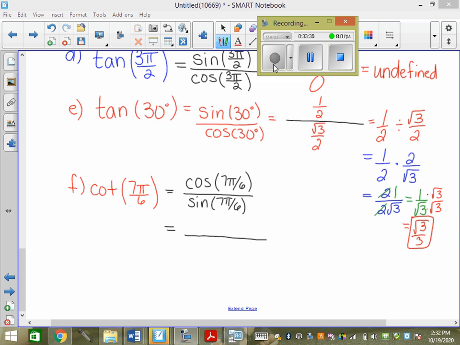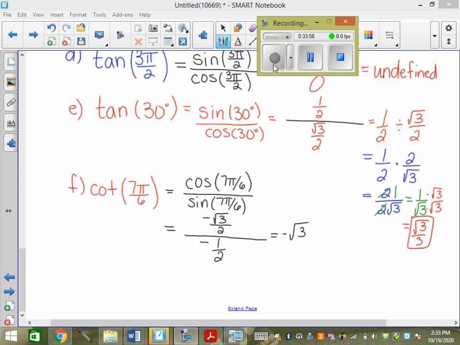What's x at 7 pi over 6? Negative root 3 over 2. And then sine is negative 1/2. I've stacked fractions, so that should scream unstack the fractions.